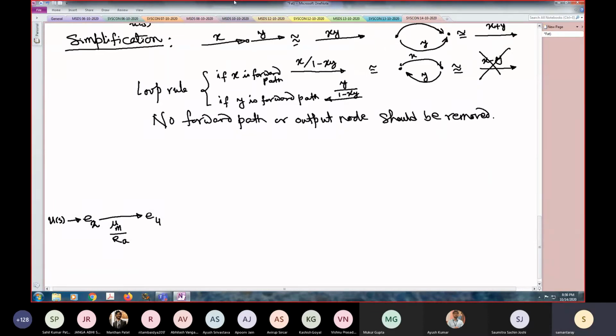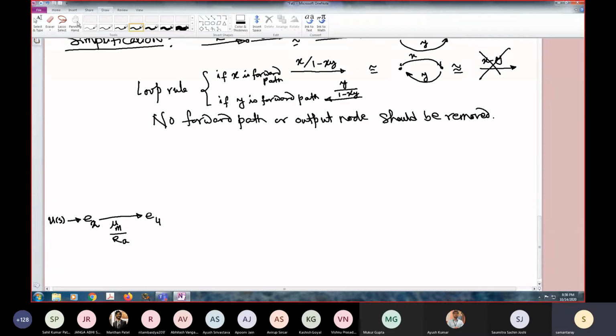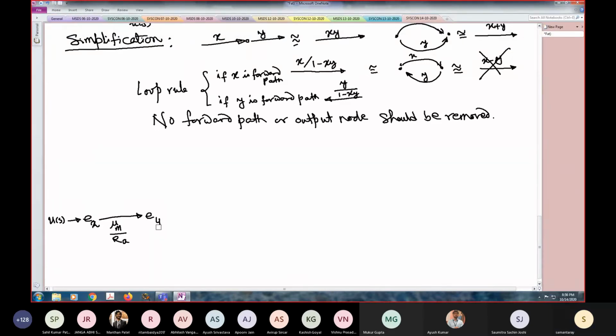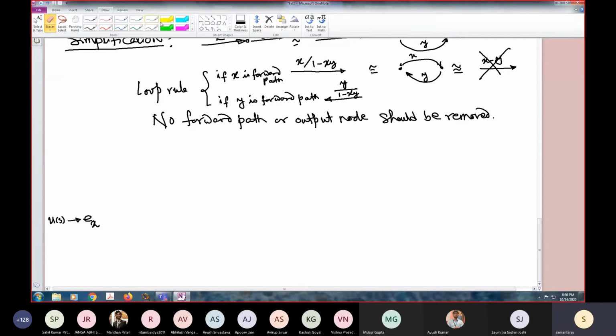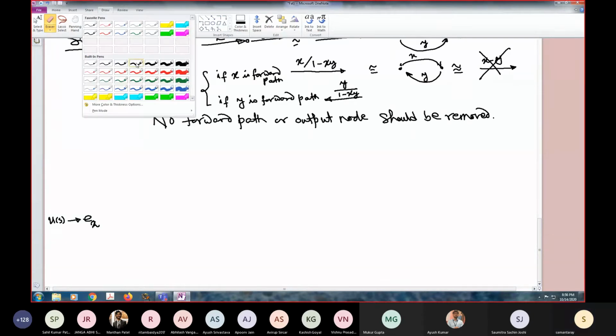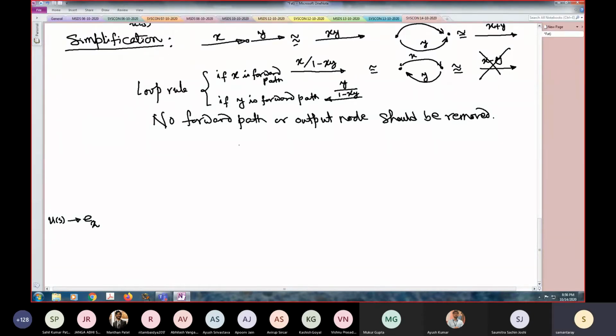I will just change this little bit. E2 to E4, RA.